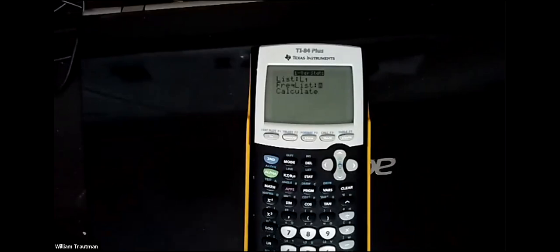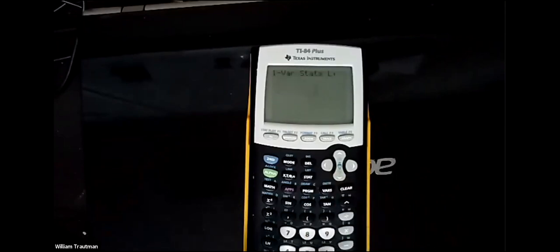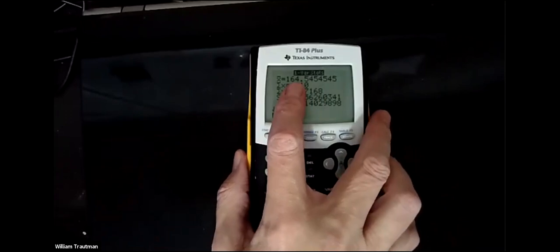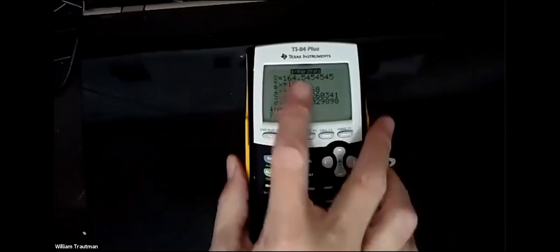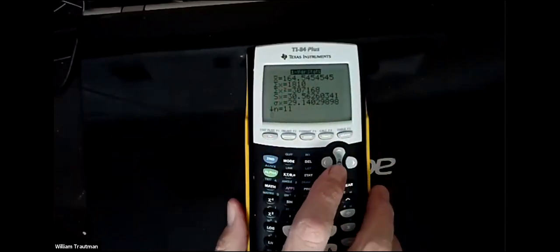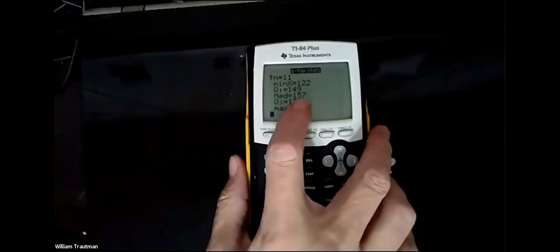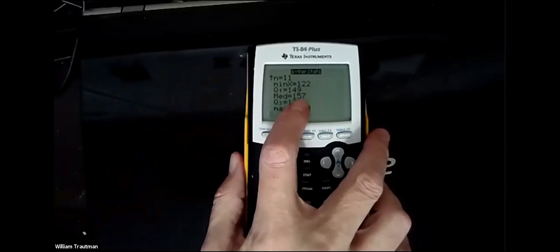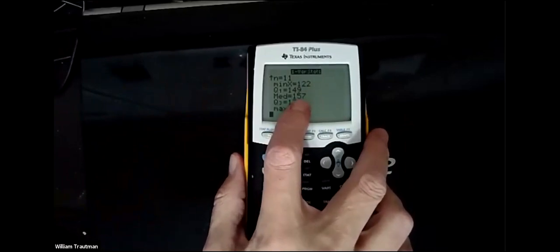I hit clear. Go to calculate, and there's the average for the data, but we're trying to find the median, the number in the middle. If you scroll down from here, the middle piece of data is 157. That's what we said. 157 was the median.